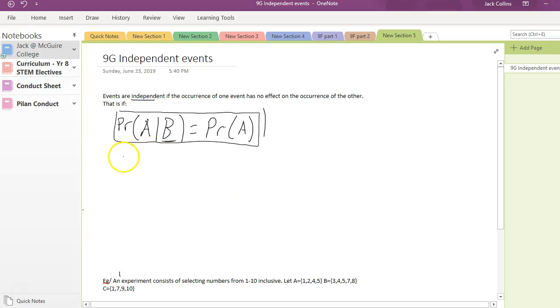Okay, we know from our previous exercise that probability of A given B is equal to the probability of A and B over the probability of B. Now we know if these events are independent, that means that the probability of A can replace probability of A given B, so they're equated here.